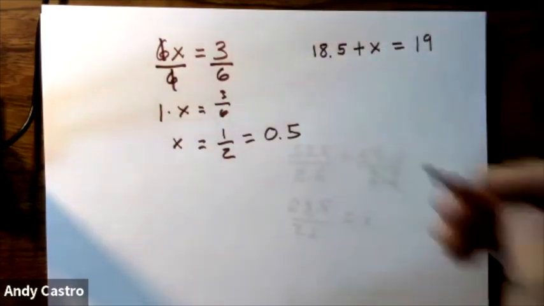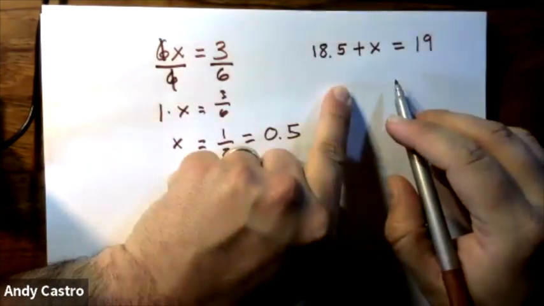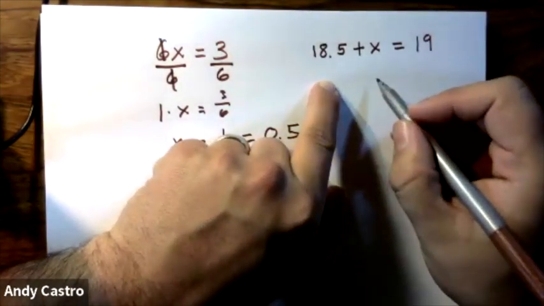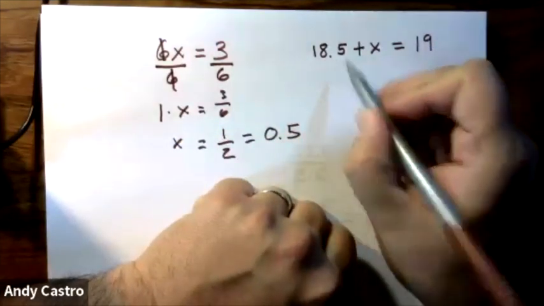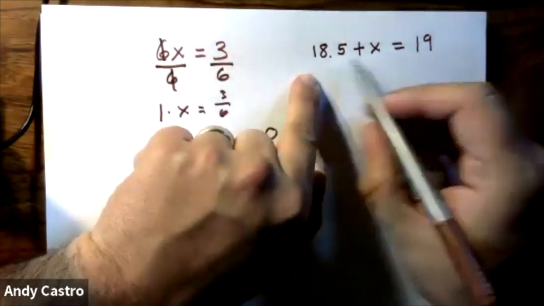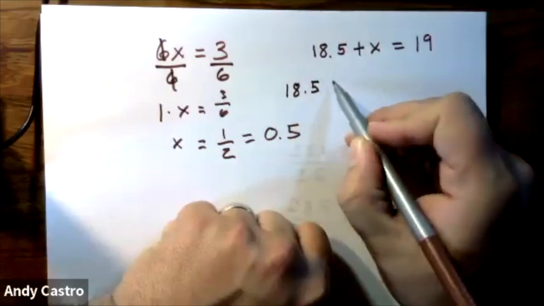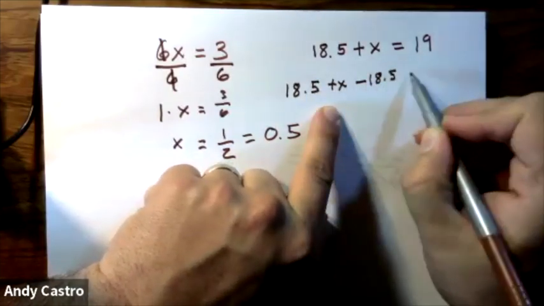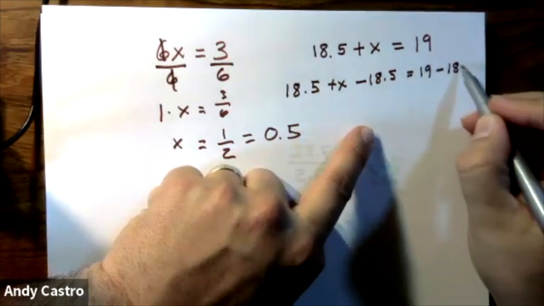All right. So remember, we can add or subtract anything we want on either side of the equation. So here, in order to get x by itself, I'm going to subtract the 18.5. Now, you can either write it in line, which is how I showed you before: 18.5 plus x, and then a minus 18.5 is equal to 19 minus 18.5.